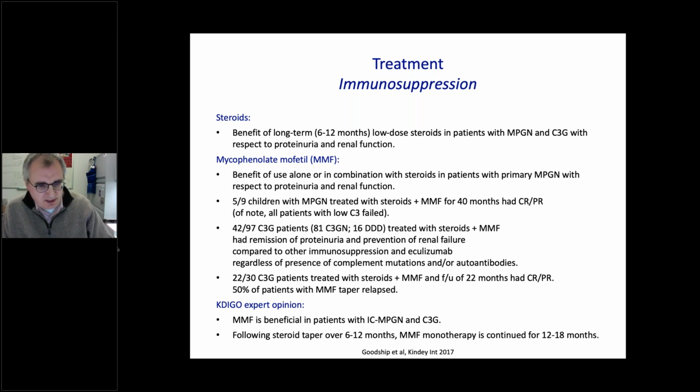Of note, in the last bullet point here, 22 out of 30 C3G patients in another trial treated with the combination of steroids and MMF showed response, and 50% demonstrated relapse when MMF was tapered.